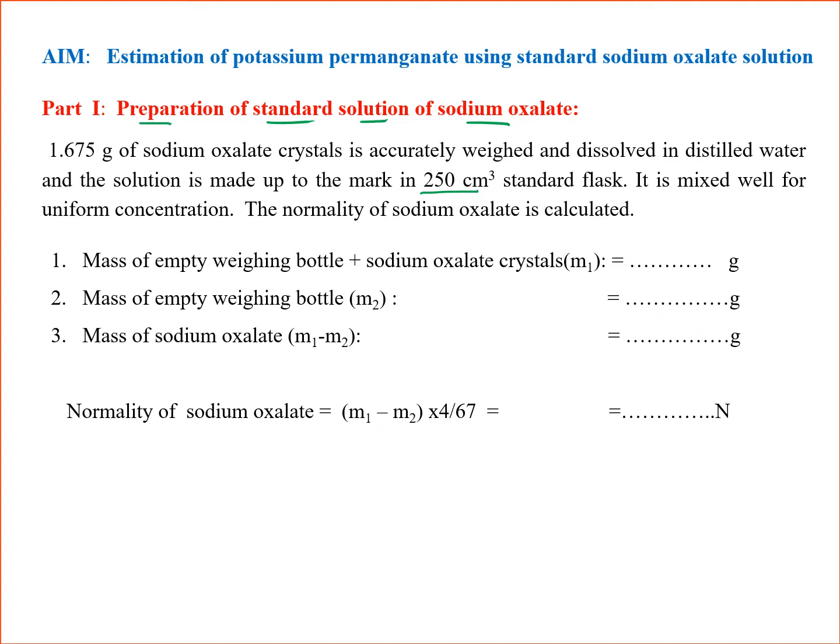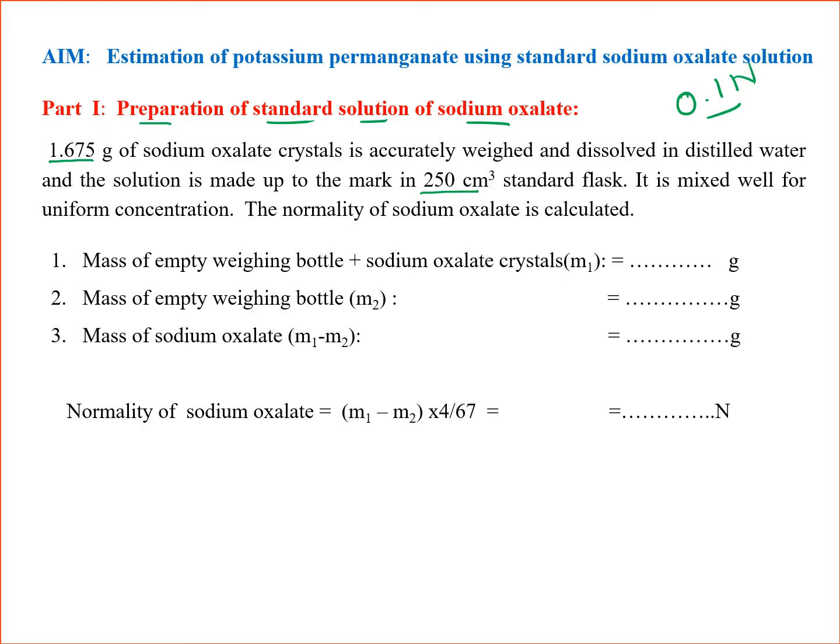In this experiment, we need to choose a prescribed concentration. We are giving the concentration of this sodium oxalate solution as 0.1 normal. For that normality, we want to weigh 1.675 grams of sodium oxalate crystals.